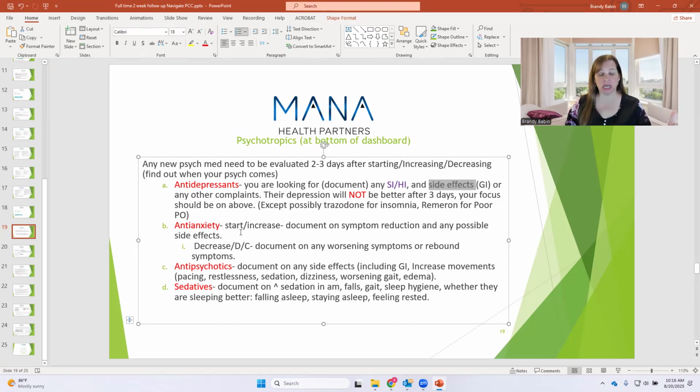Now, there are many side effects for many different medications, but GI side effects seem to be one that pretty much hits most medications. With SSRIs, side effects are usually GI: dry mouth, nausea, sometimes diarrhea, sometimes constipation. It depends. But you're looking for any kind of side effects from that.